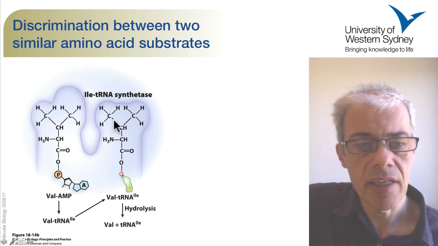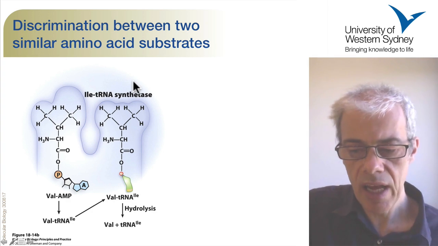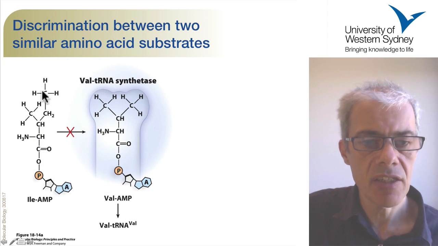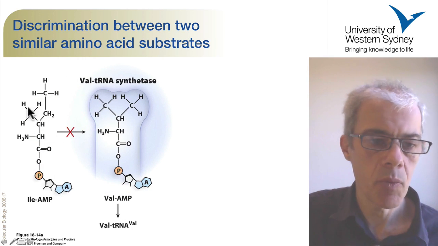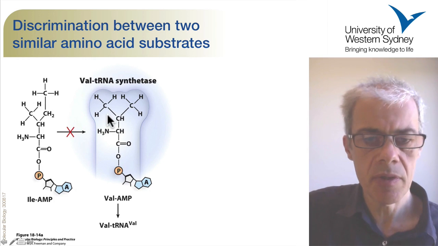The other situation is, how do you distinguish between a smaller and a larger amino acid? Because what's happening here is that the larger one can't attach, but within the enzyme for the larger one, wouldn't the smaller one be able to attach?